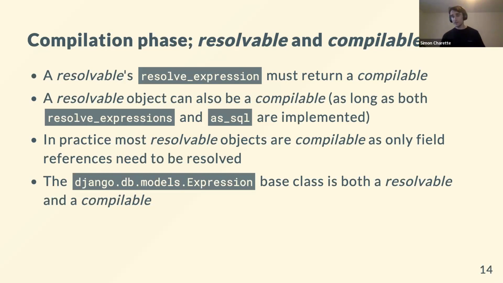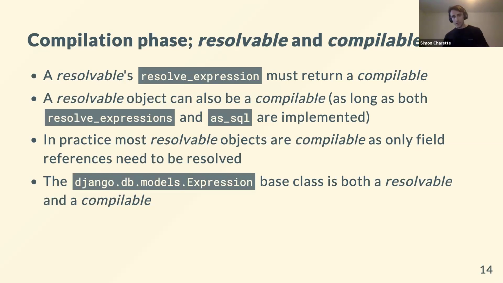And in practice, most resolvable objects are also compilable because they don't need to have anything special regarding their resolving. So they can return themselves with their constituents, or what is called their source expressions, turned back into a resolved compilable themselves. And from there, you're able to implement both protocols on it.